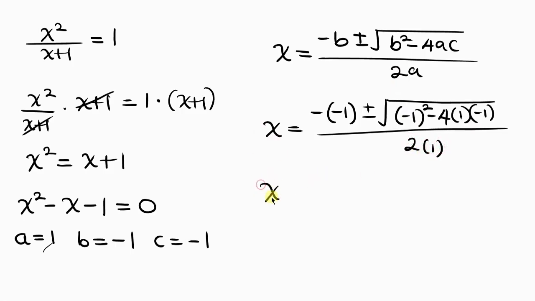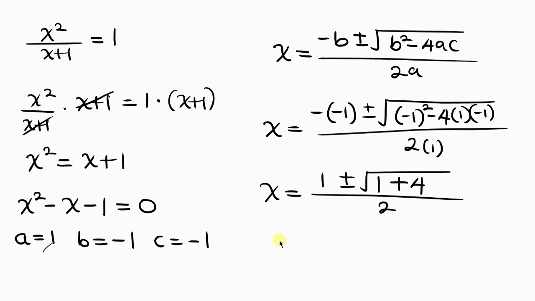So negative times negative makes positive. So this is positive 1, plus or minus the square root of negative 1 squared is 1. And negative 4 times 1 times negative 1 gives positive 4, all over 2 times 1 is 2. So this becomes 1 plus or minus the square root of 1 plus 4, 5, all over 2.